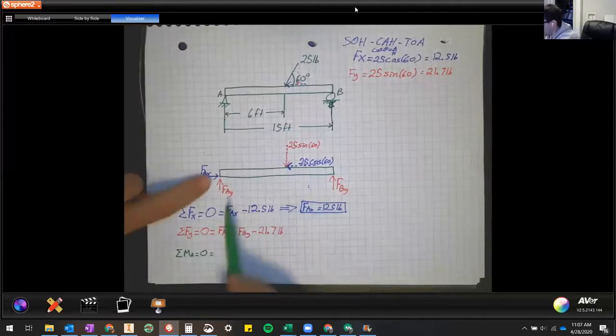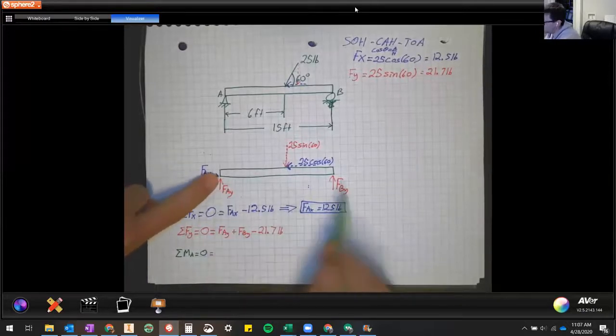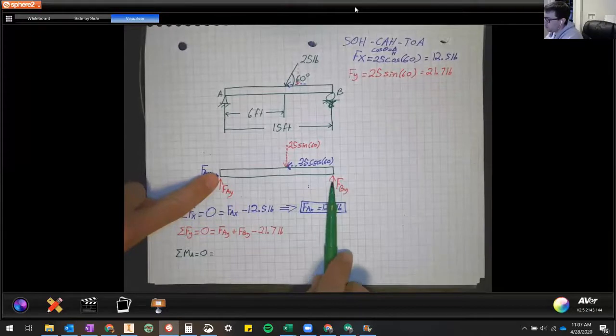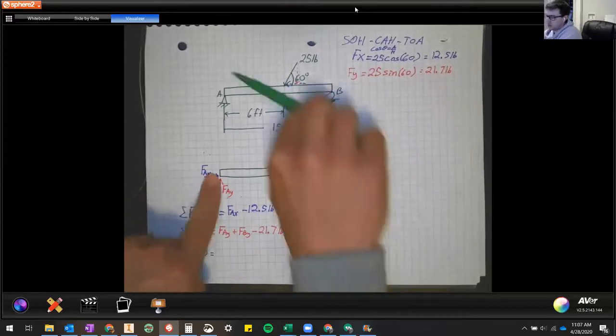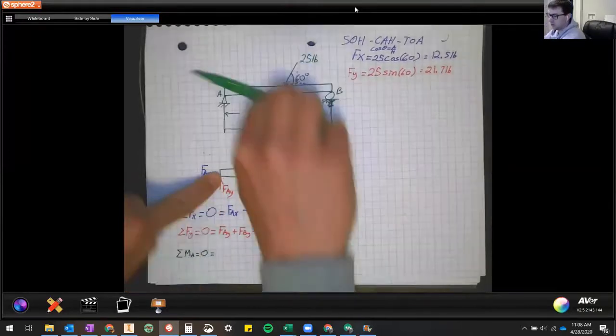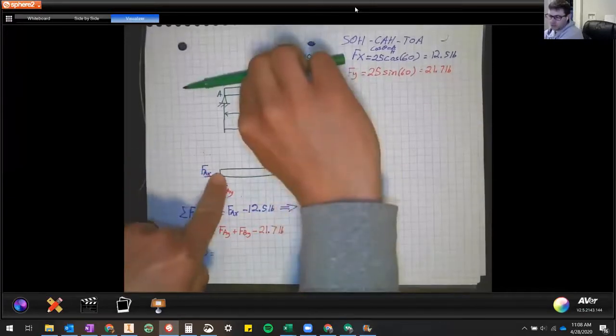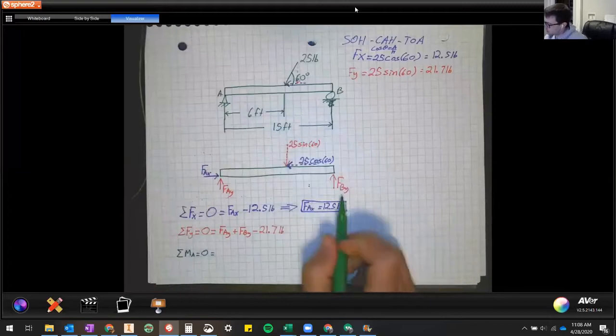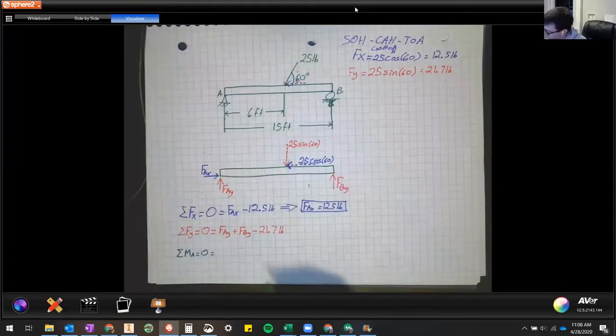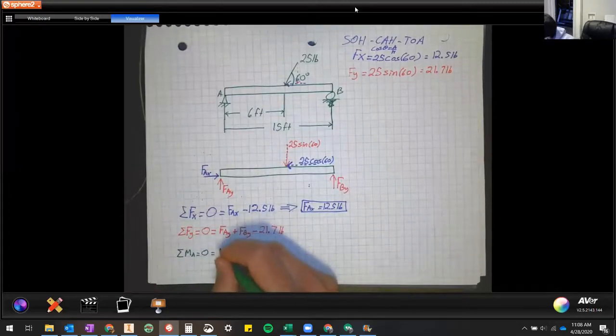Now, positive moments act counterclockwise. So if I were to think of this as my pivot point and this force is moving up, it would make that whole beam pivot like this because that force is pushing up. Since that's counterclockwise, this FBY is going to give me my positive moment.